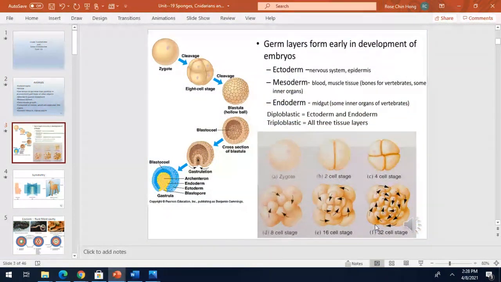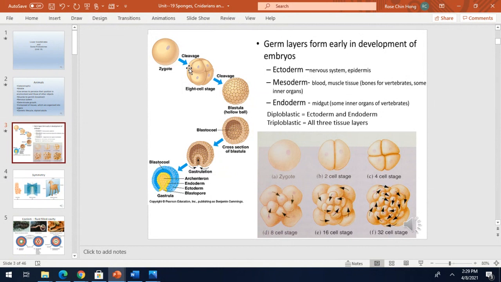Now, I think you guys have covered this in your lecture. So in early development, the number of germ layers will determine whether they are diploblastic or triploblastic. So starting from here, the zygote. So this is egg and sperm to make a diploid organism where it will develop.